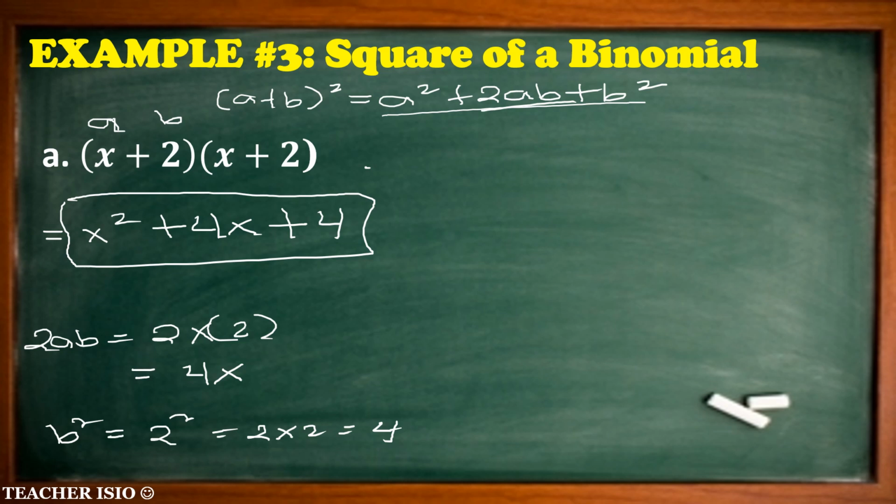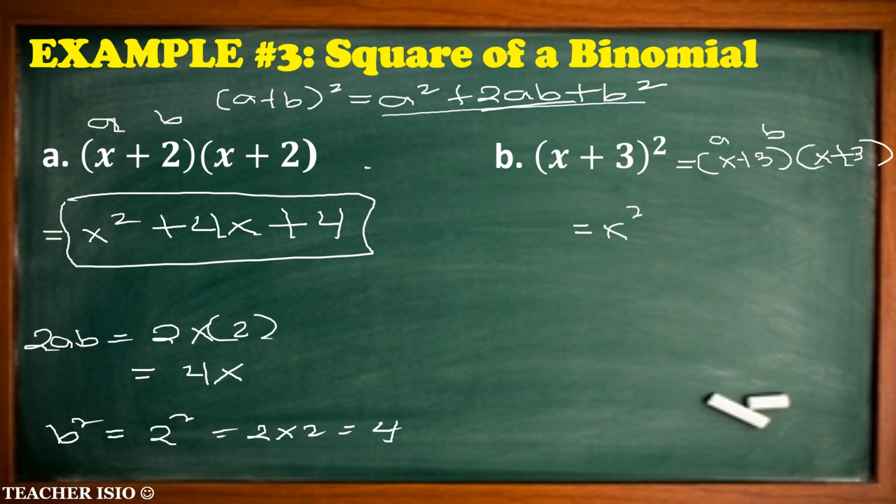Let's have another example. So, we have x plus 3 squared. So, this is the same as x plus 3 times x plus 3. Okay? So, this is our a and this is our b. So, again, according to here, we're going to square the first term or our a. So we have x squared.